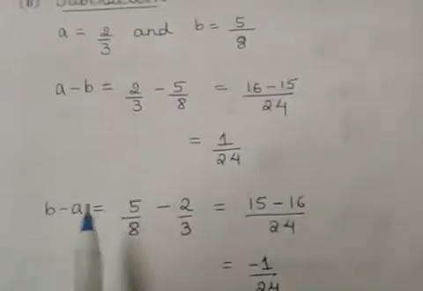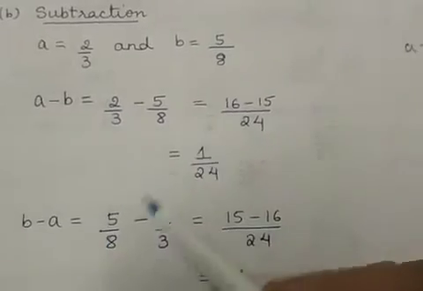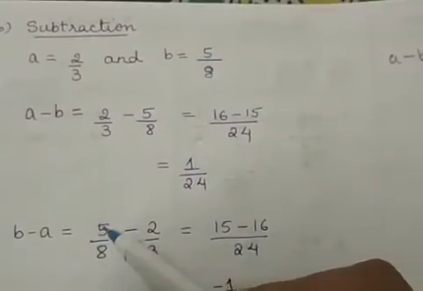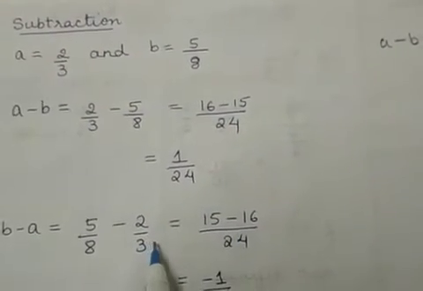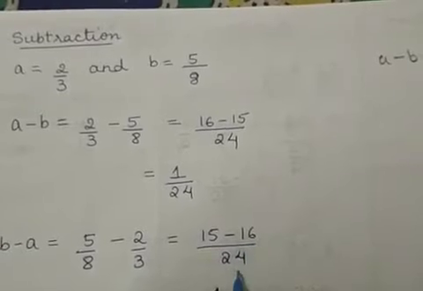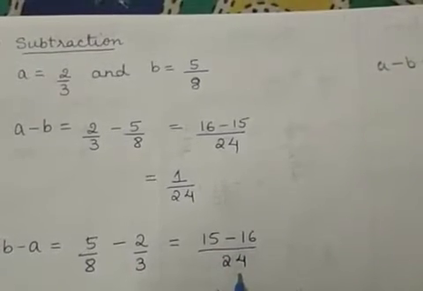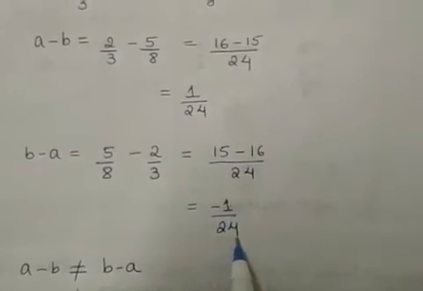Now let us see what we get for b minus a. b is 5 upon 8, so 5 upon 8 minus 2 upon 3. Again the LCM is 24, so you get 15 minus 16 upon 24, and the answer is minus 1 upon 24.